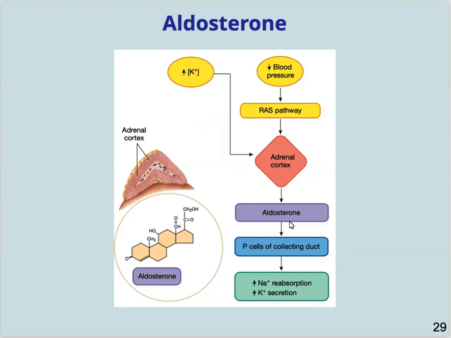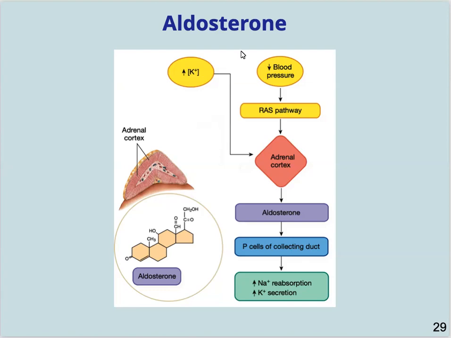Aldosterone, like all hormones, travels through blood. But when it gets to the kidney, it will act on the principal cells, or P cells, of the collecting duct, causing these cells to increase sodium reabsorption along with increased potassium secretion. Okay, so it allows your body to regain more sodium and dump more potassium. And recognize that the results are the opposite of the trigger, right?